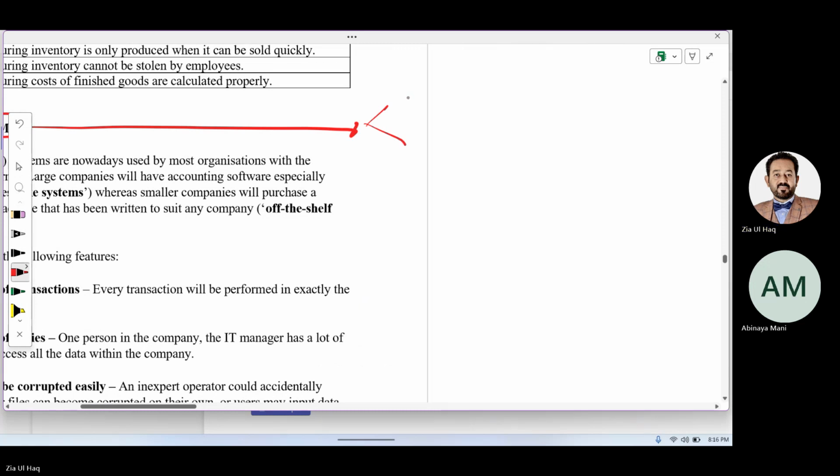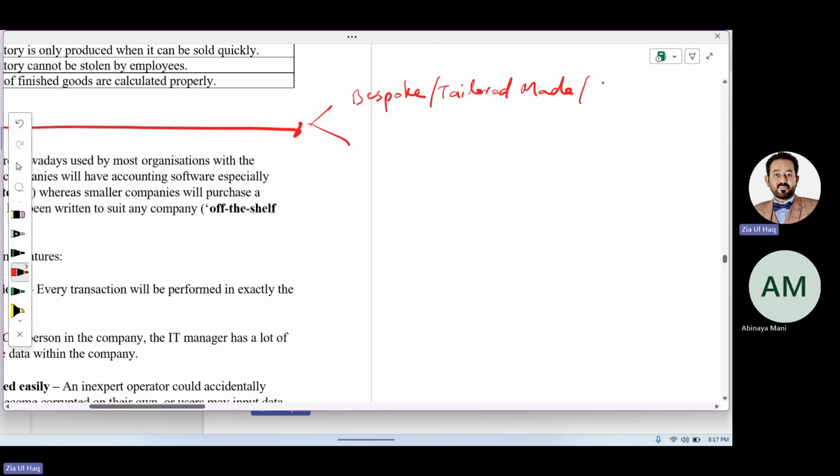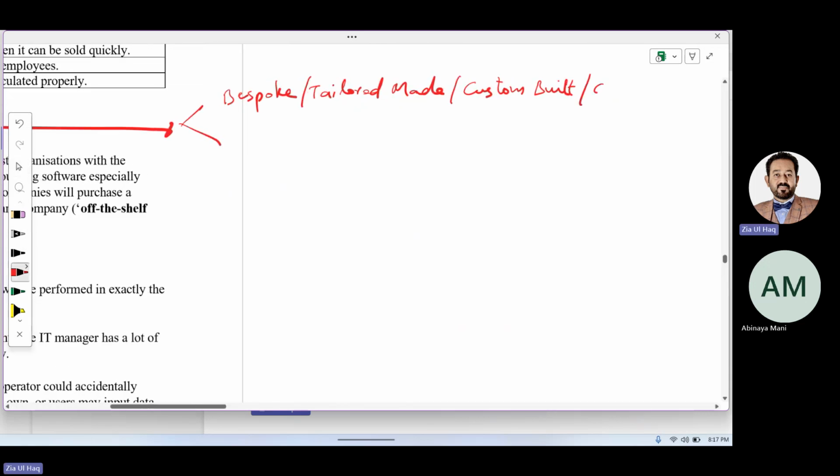One is called bespoke, also called tailor made, also called custom built, also called customized.